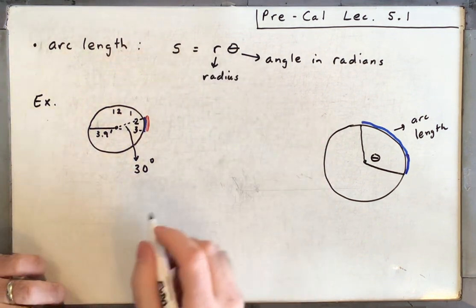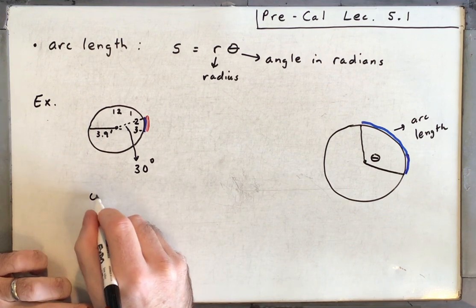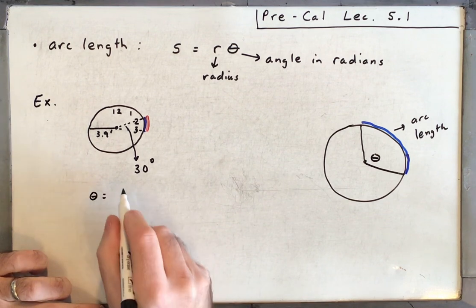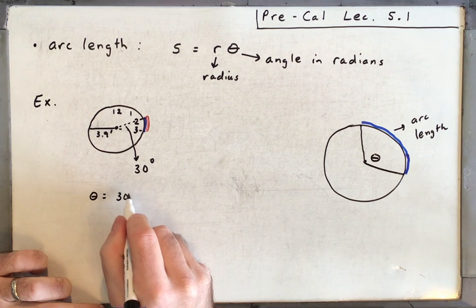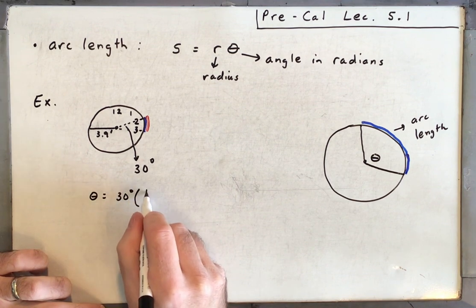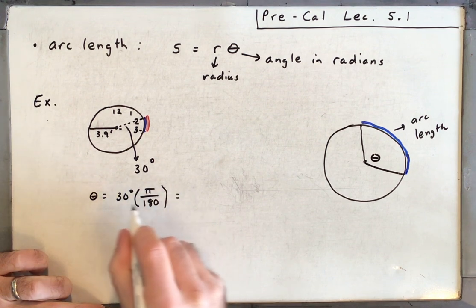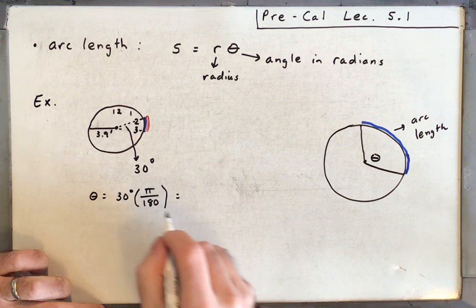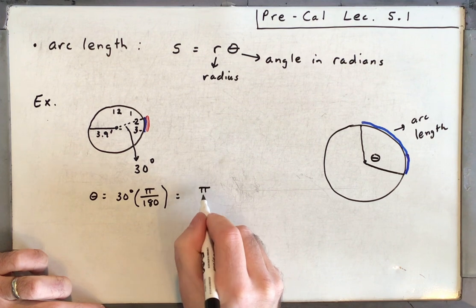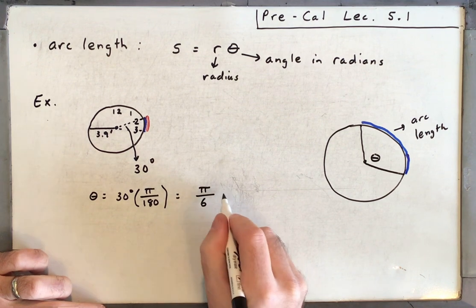Okay, so S is equal to r theta. Theta has to be in radians. All right, so theta is we're going to take that 30 degrees and multiply by pi over 180. So 30 over 180 would reduce to 1/6, so that's going to be pi over 6 radians.